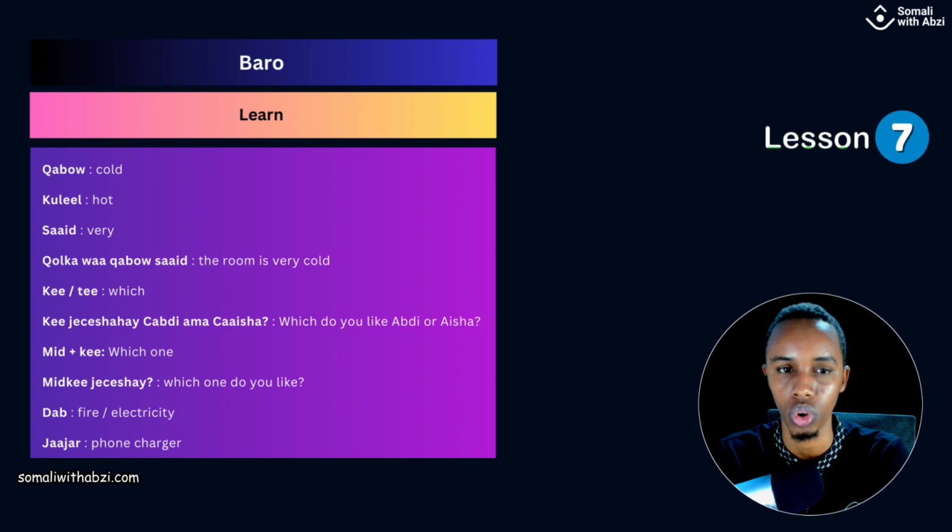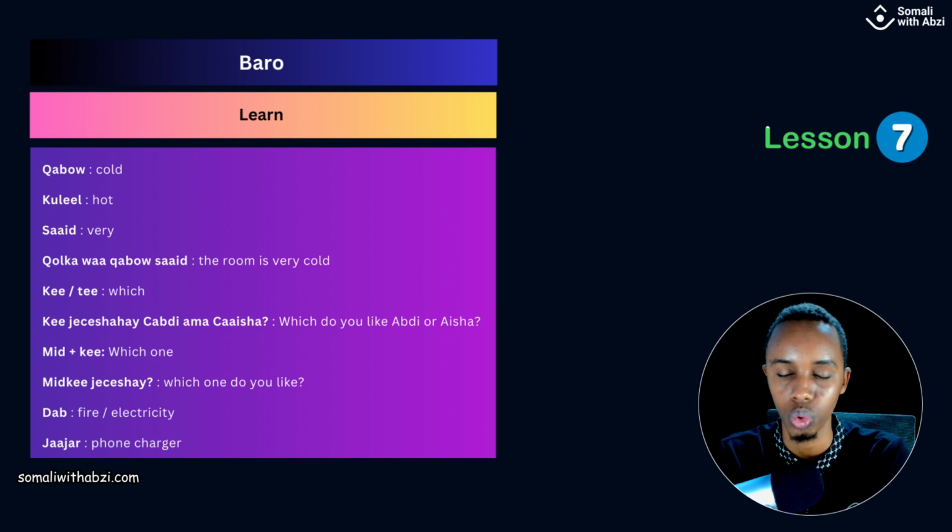If it's a boy, like ke waye. So that's how we use ke and te. The next one is ke jeceshahay Abdi ama Caaisha. Like which do you like? Ke jeceshahay. And you can maybe use people's names, things like that. I can also say ke jeceshahay canjeero iyo shaah, or ke jeceshahay bariis iyo basto.